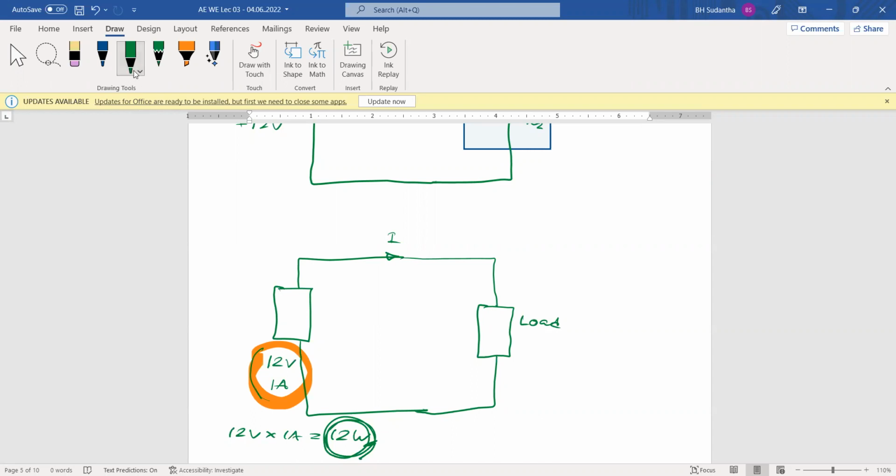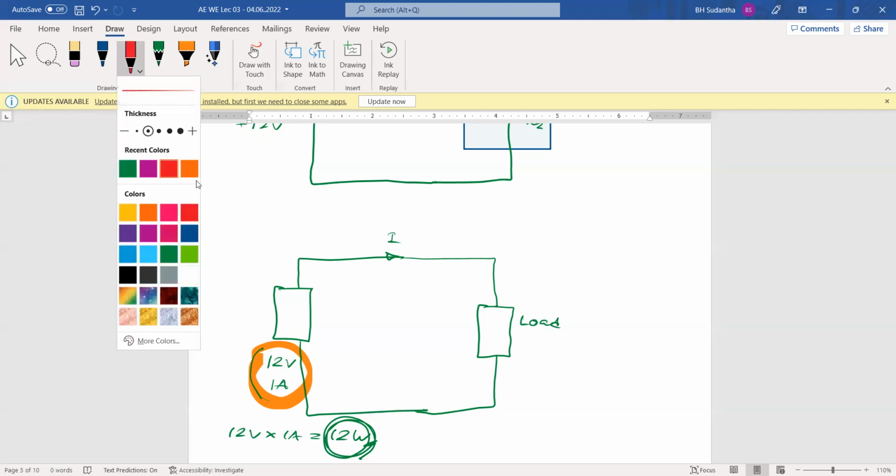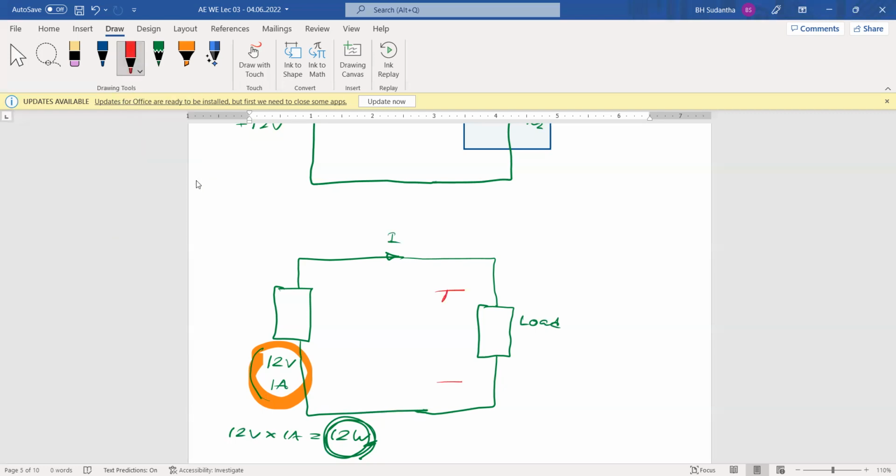But here the load is expecting 12 volts across the load. That's what the load is expecting. But depending on the amount of current the load is taking, this voltage may be varied. Then this load will not be working properly. Why? It's receiving a varying voltage.